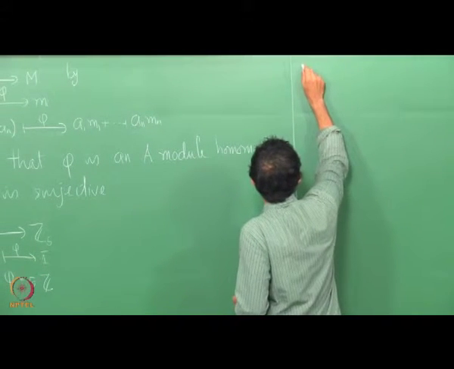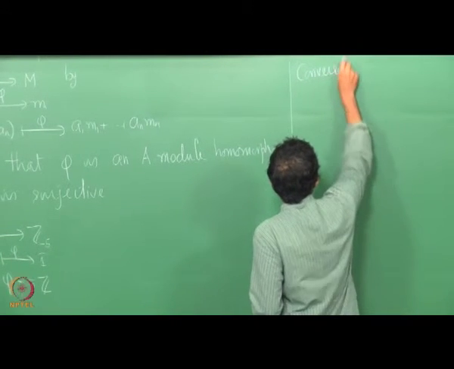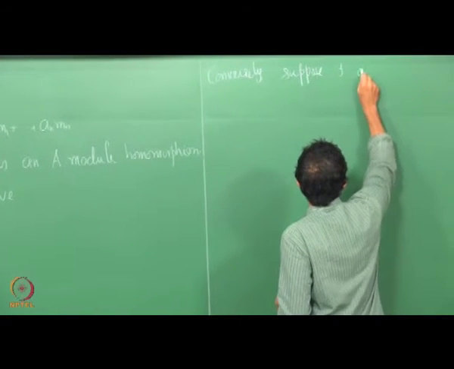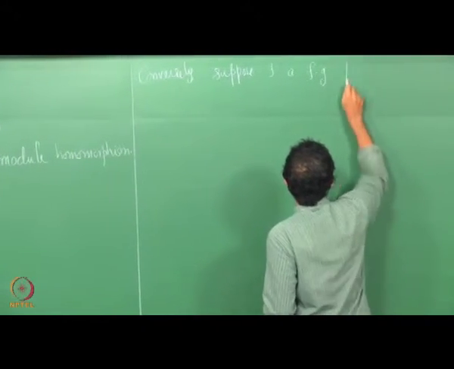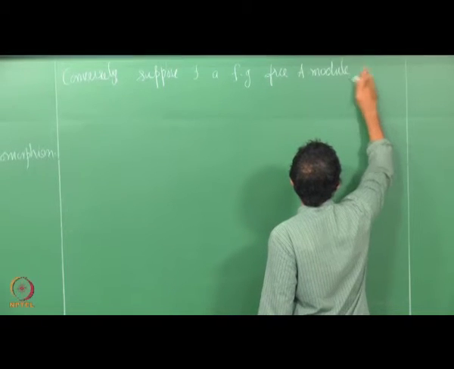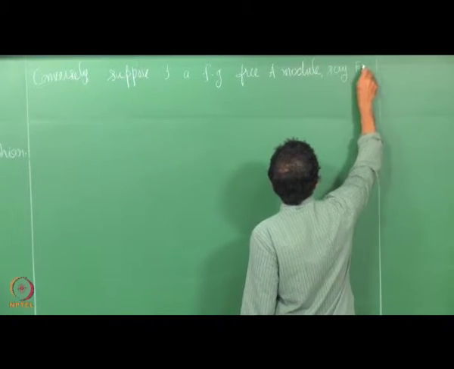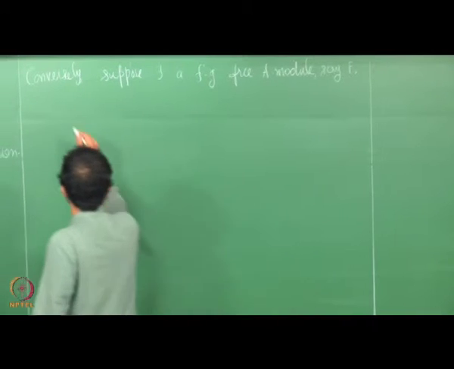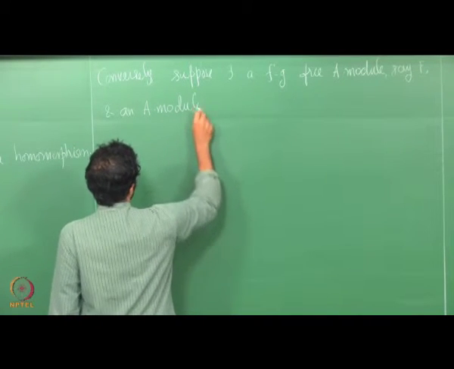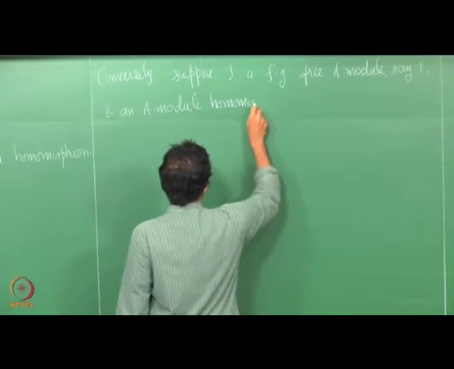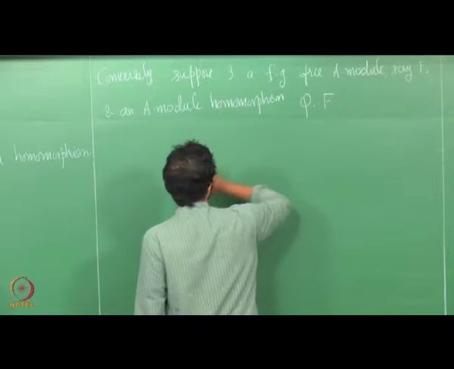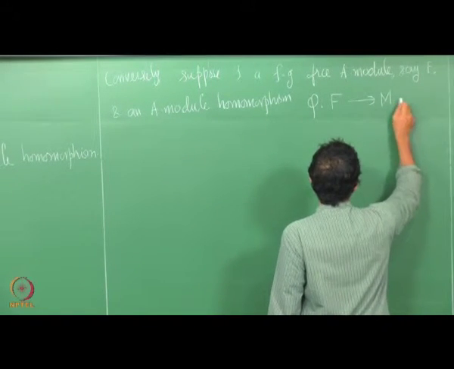Suppose, conversely, suppose there exists a finitely generated free A module, say F, okay, and an A module homomorphism phi from F to M, which is onto.